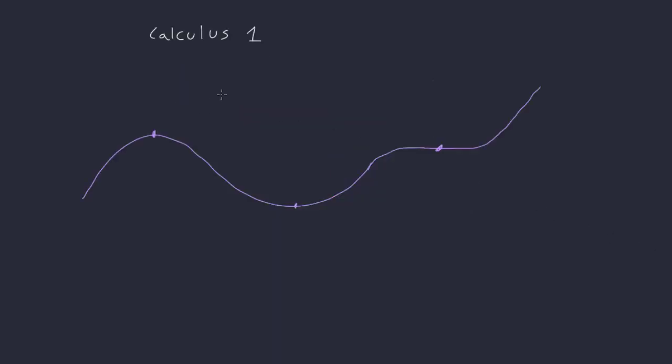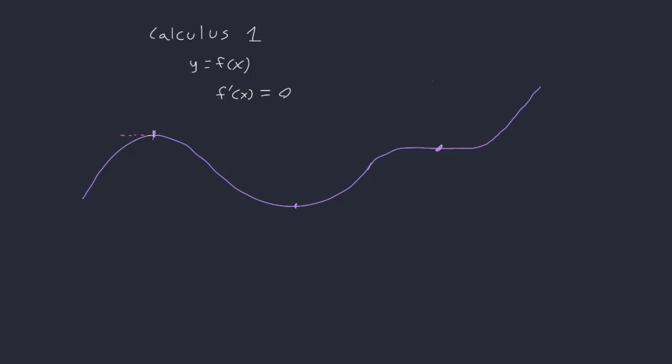Alright, so as I was saying, in Calculus 1, when you have, say, y equals f of x, you could take the derivative, set it equal to 0, and it could tell you where you would have maxes or mins.